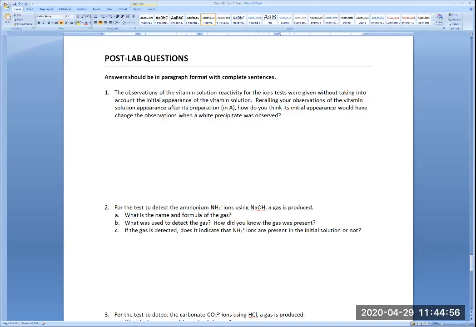So I want to emphasize what clear means when we say a clear solution. Clear refers to the transparency, or can you see through the solution? Clear means it's transparent, you can see through, it's totally visible through the solution. So that's what clear means.